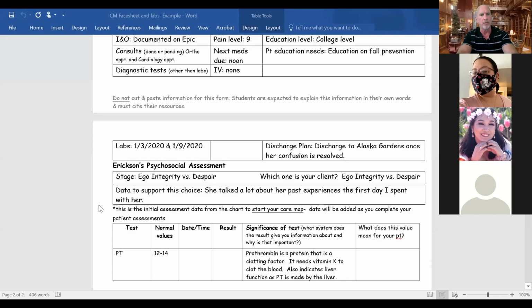This is going to be on your form, your blank form. Erickson psychosocial assessment. There's something like 7 or 8 different categories of psychosocial assessment based upon their age. Now, Erickson's table should be in, okay, let me stop this just a second and go looking for it.